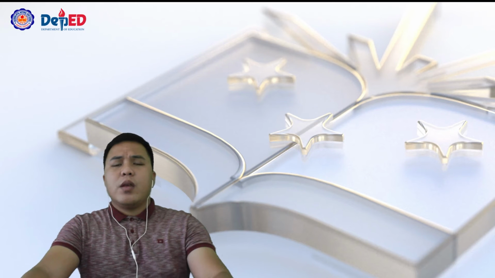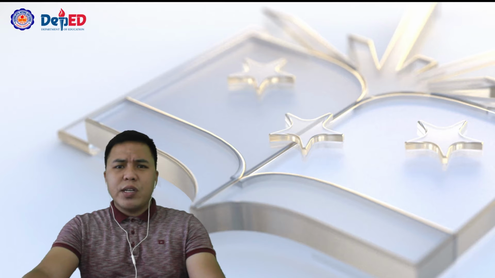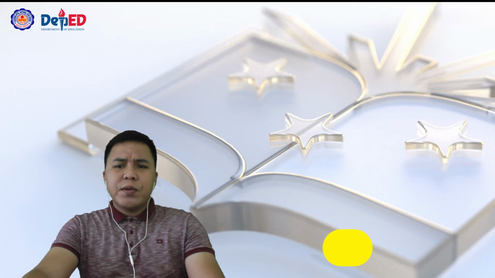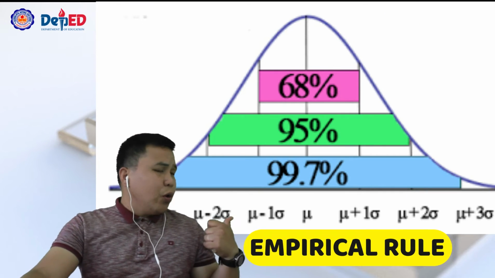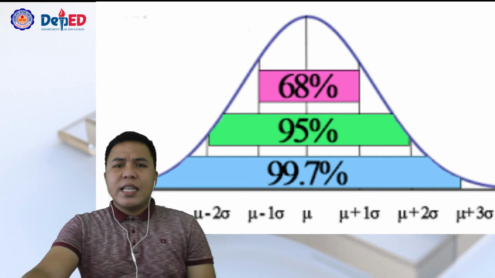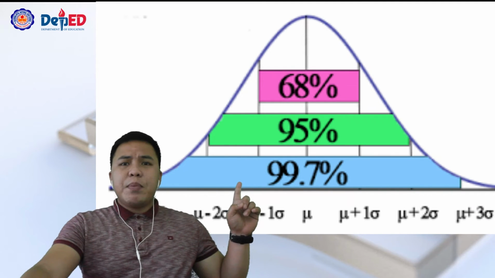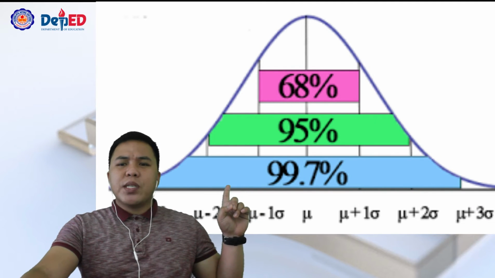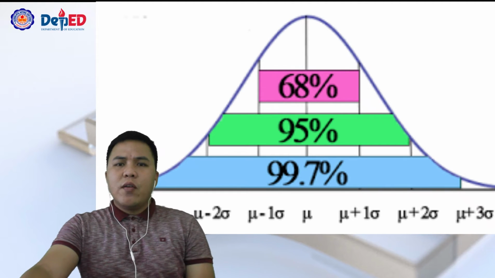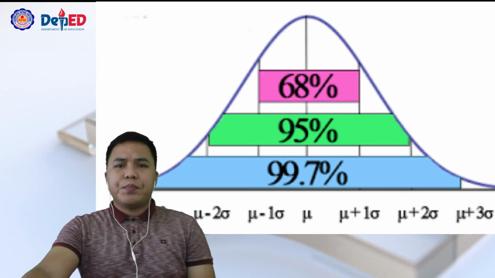Every normal curve, regardless of its mean or standard deviation, conforms to the following empirical rule, also called the 68, 95, 99.7 rule. For rule number 1, about 68.26% of the area under the curve falls within one standard deviation from the mean.